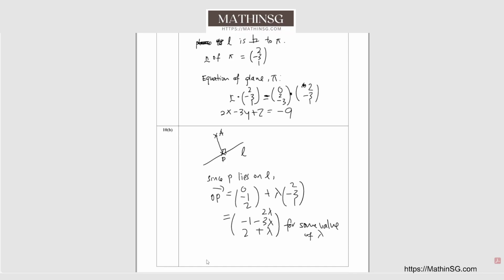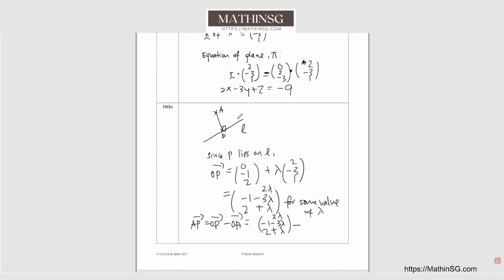And I can find AP, which is OP minus OA. So OA is (0, 2, -3).